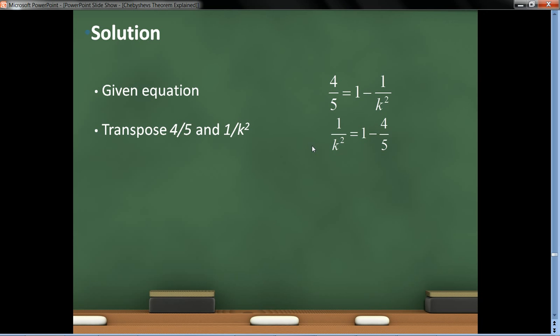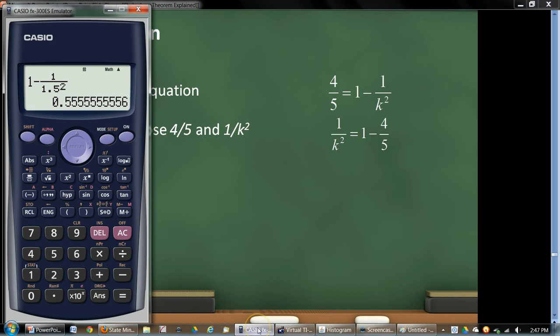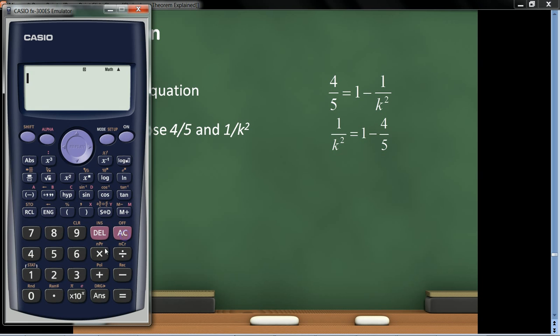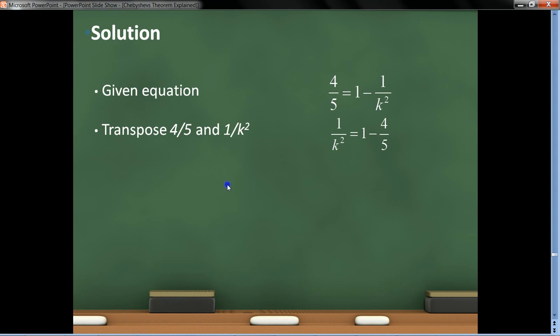Now let's simplify the right-hand side. Let me grab that scientific calculator I was using earlier. 1 minus 4/5. You can probably do this in your head. So we get 1/5 for that, don't we? 1 minus 4/5 is 1/5. So there it is right there.